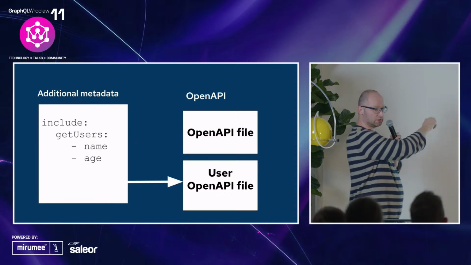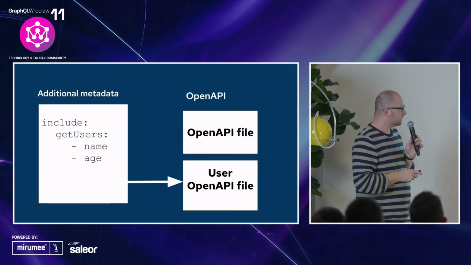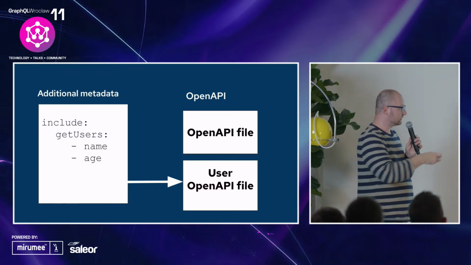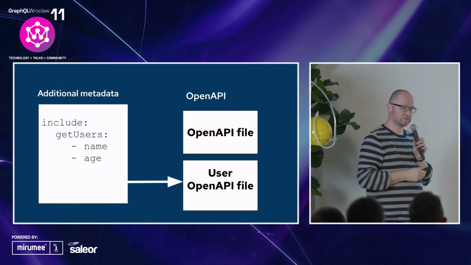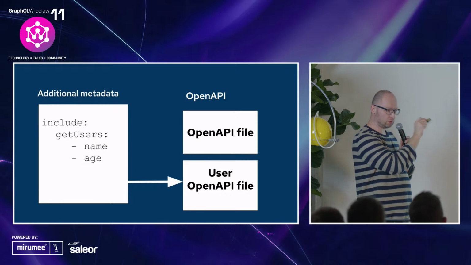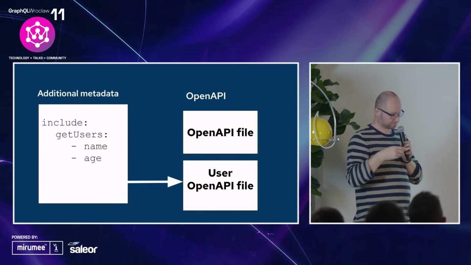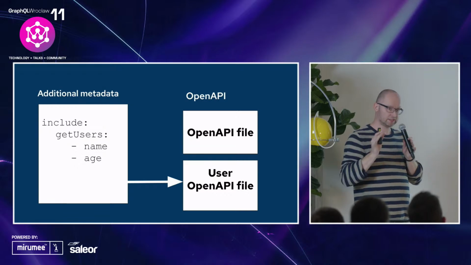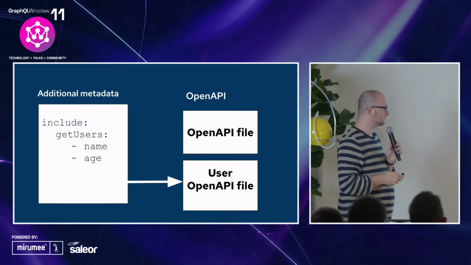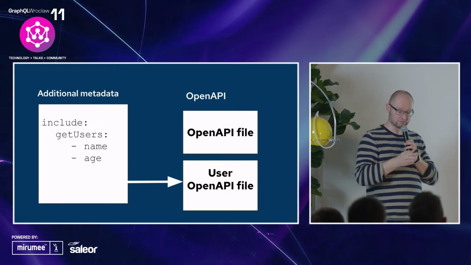And then you can pick the right fields from it. And the result just takes the OpenAPI file from your backend and creates your own OpenAPI file that you can use to generate the code. And then what you're getting is not the entire backend, it's only the methods and only the specification for the specific things that you need.